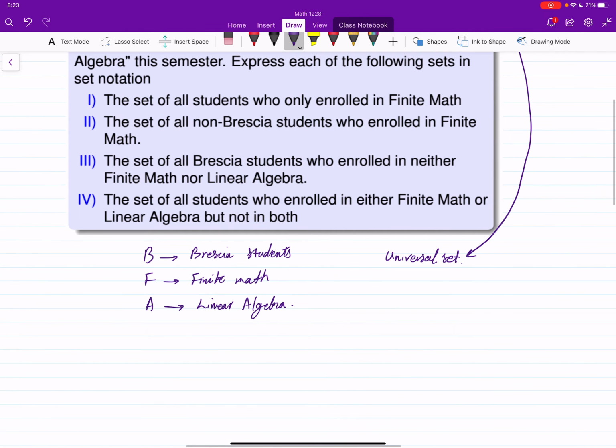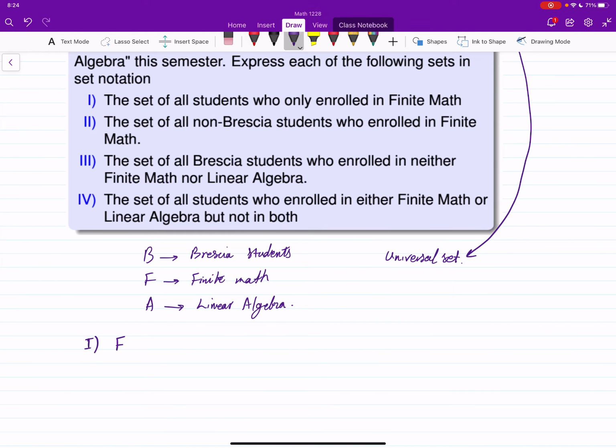Now the first one says the set of all students who only enrolled in finite math. Well, if you write just F, it may have some pieces which are included in linear algebra, yes? So you have students who are taking finite math and linear algebra. But we are interested only in finite math.